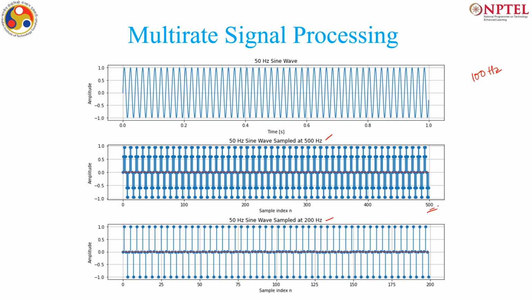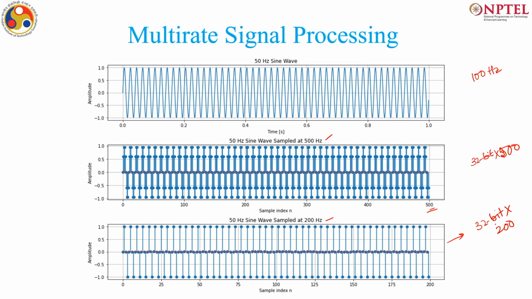Now, if each sample is say 32 bit, then this will be the total memory size. On the other hand, the signal sampled at 200 hertz captured much less information, but this is good enough to reconstruct it based on Nyquist, and it will take less size.